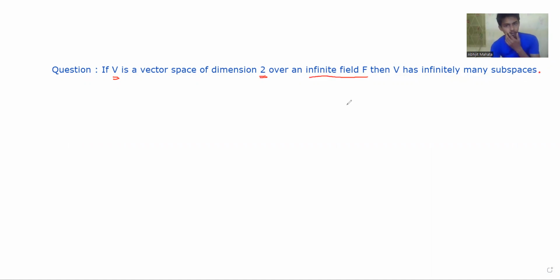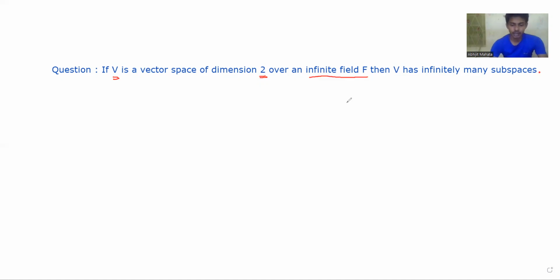Now it is important to note that we have to understand what we mean by dimension and infinite field. Dimension of V is 2 means a basis of V contains two elements, and F is an infinite field means F contains infinitely many elements.